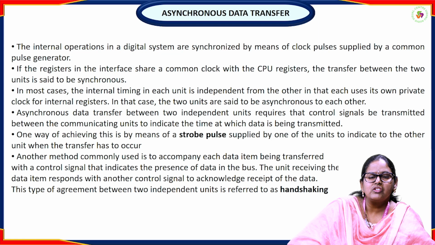The unit which is going to send the data, we term it the source unit. And the unit which is going to receive the data, we call the destination unit.